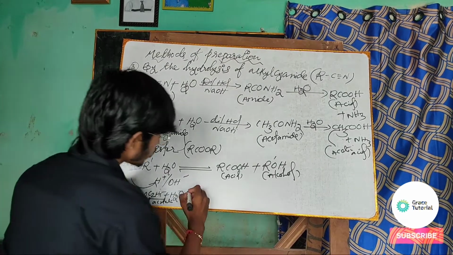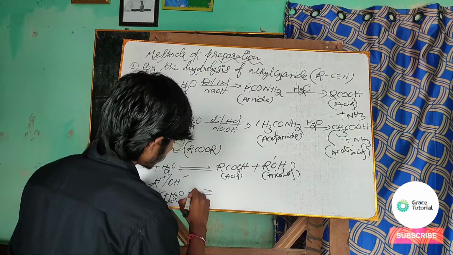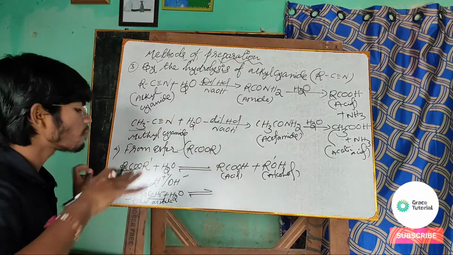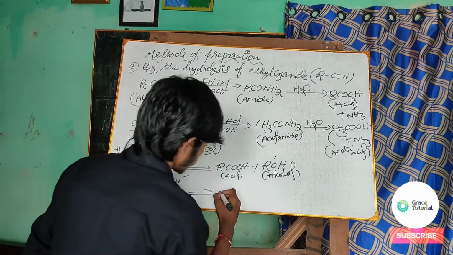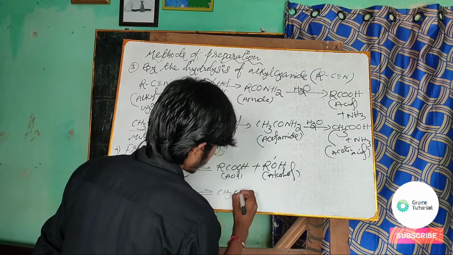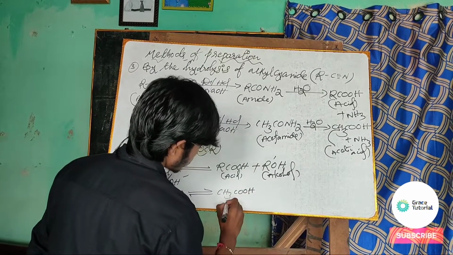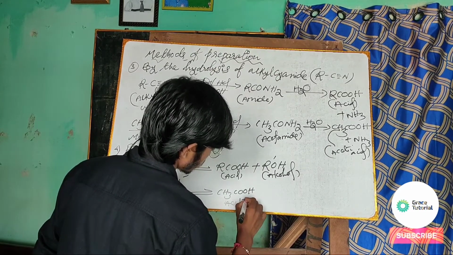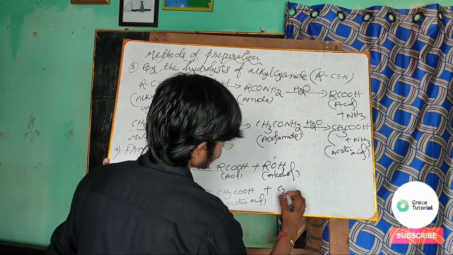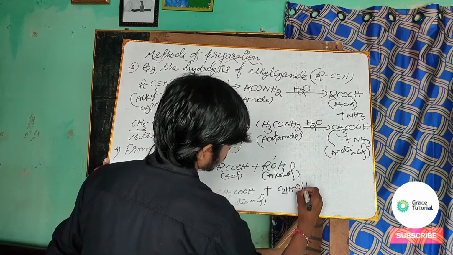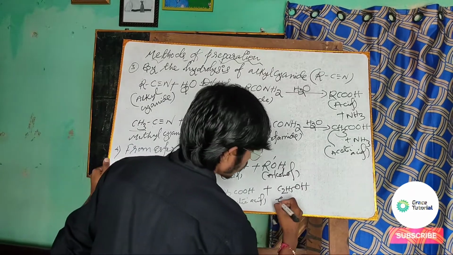Ethyl acetate on hydrolysis. Why am I giving this equilibrium sign? Because this reaction is reversible in nature. CH3COOH, acetic acid, is obtained, then C2H5OH, this is ethyl alcohol.